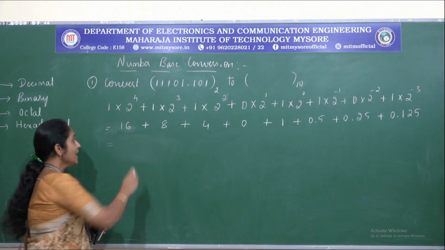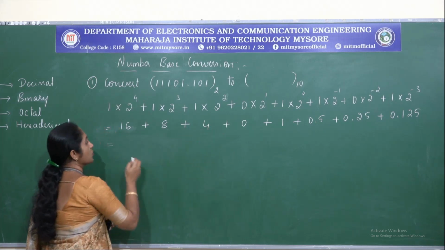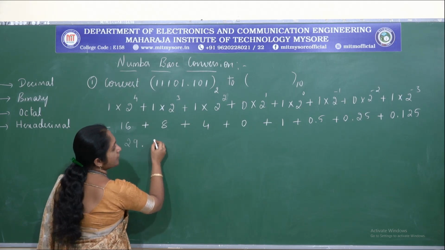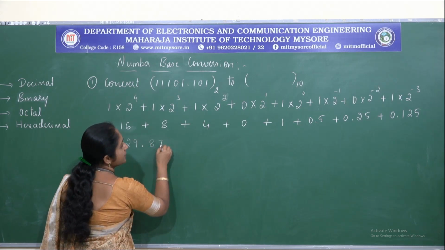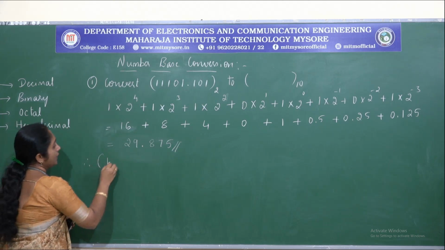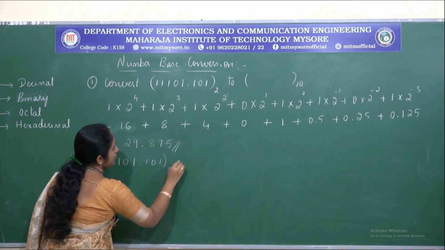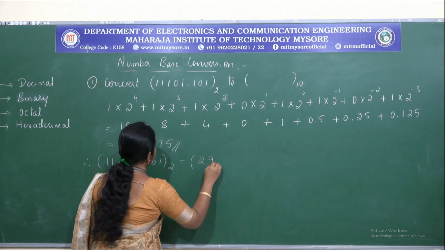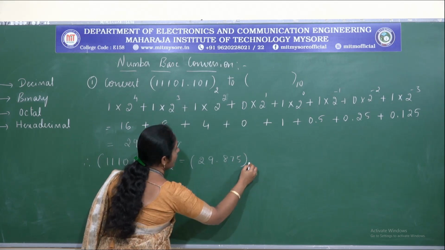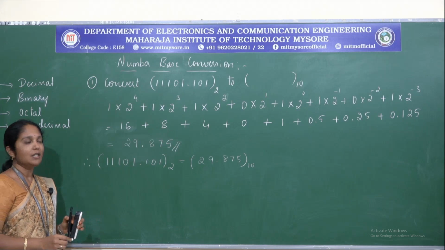The answer is 16 plus 8, 24, 24 plus 4, 28, plus 1, 29, and the fractional part if we add we get 0.875. Therefore, the decimal equivalent for the given binary string is 29.875. This is how we convert the binary sequence into the decimal number.